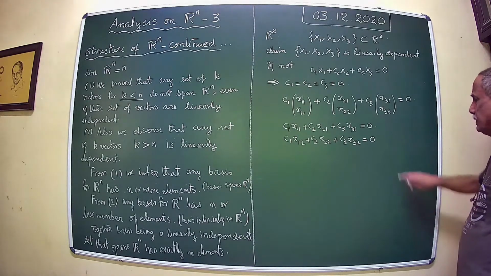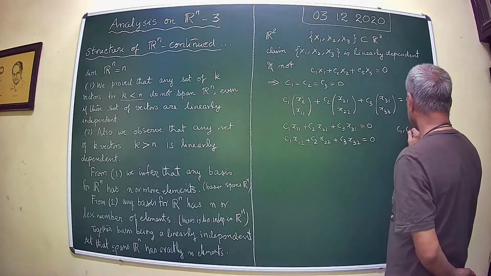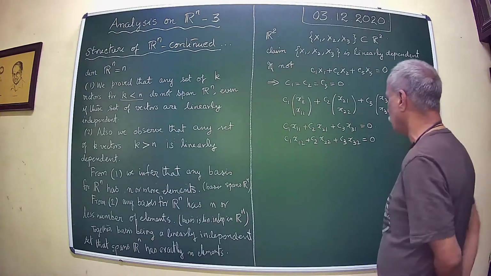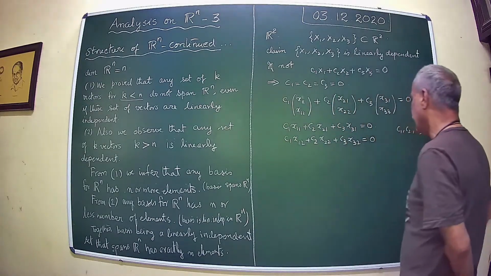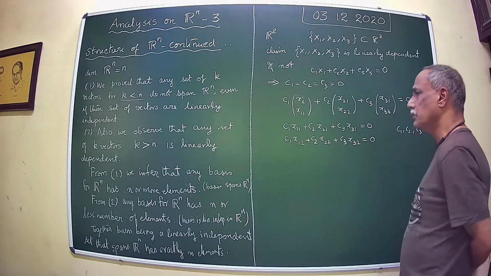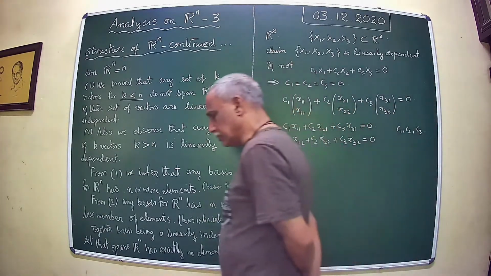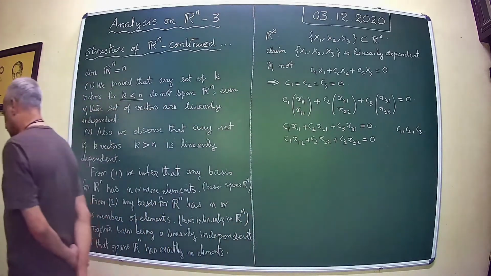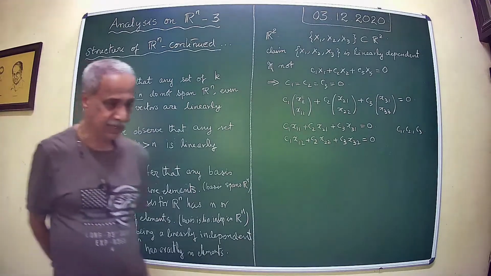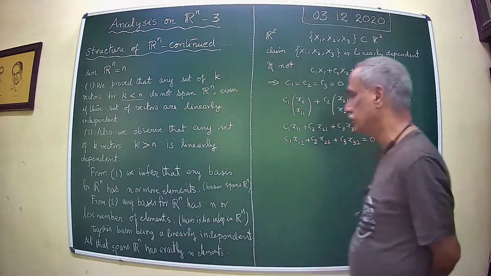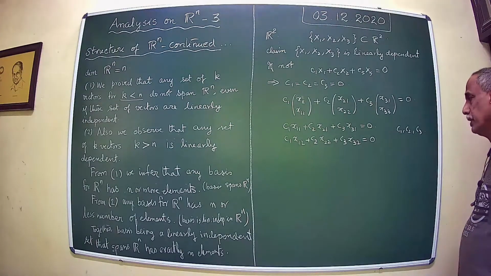Now you see that this is for determining c1, c2, c3. These are the unknowns, and there are two equations. So it's an underdetermined system. Being an underdetermined system, this always has a non-trivial solution.